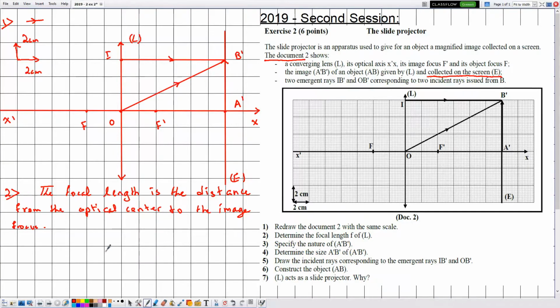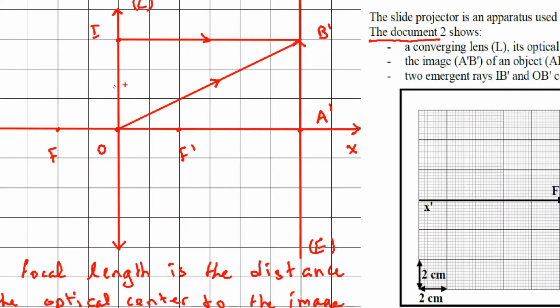Now let's calculate the focal length, which is denoted by f. It is equal to the distance from the optical center, which is the point O, to the image focus, which is the point f prime. And we don't forget the bar because this distance may be positive or negative.